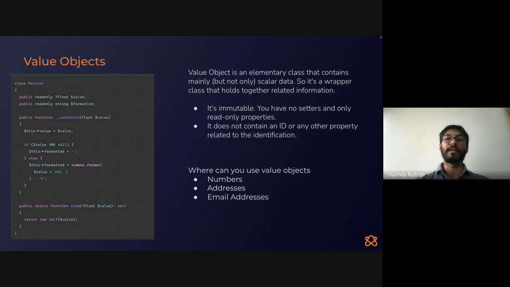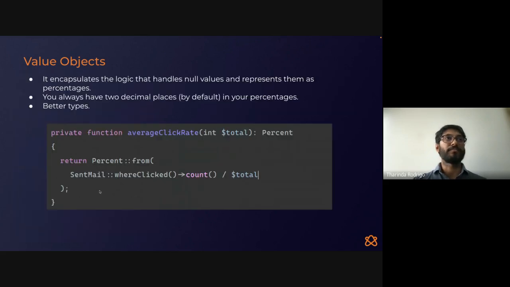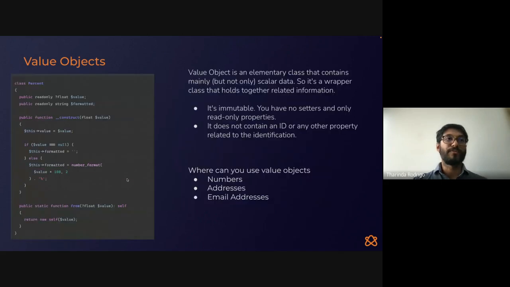You can see in this specific class that all these attributes are read only, and it also formats the data that gets into it and represents the value as a percentage, right?